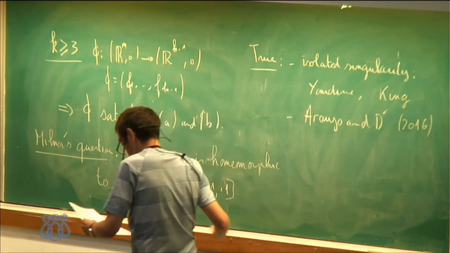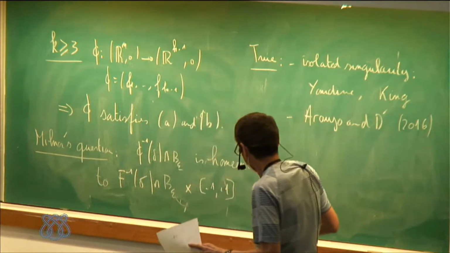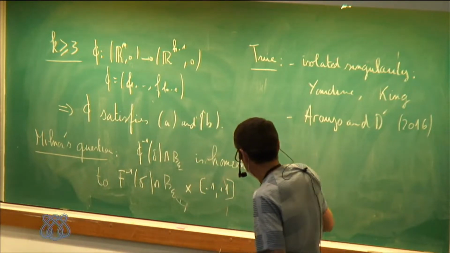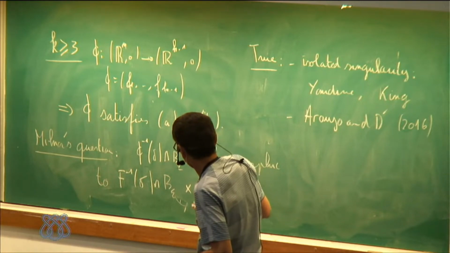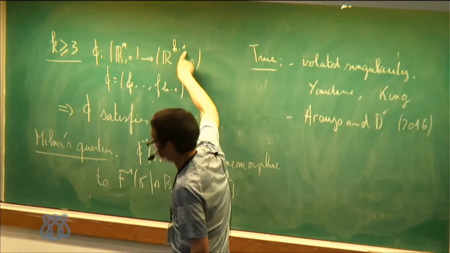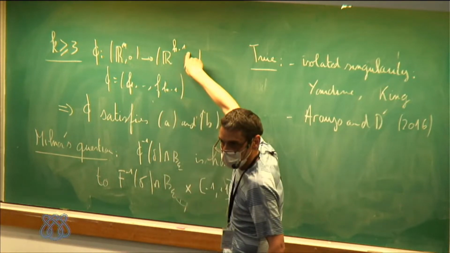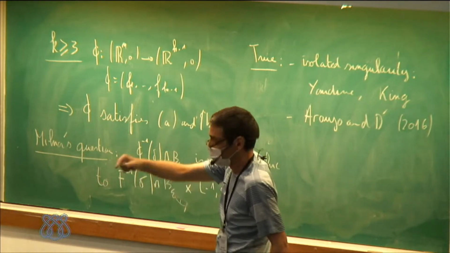So then, the formula I gave before concerns just functions. So here, if k is greater or equal to 3, k minus 1 will always be greater or equal to 2. So what happens if I have only a mapping from Rn to R2?